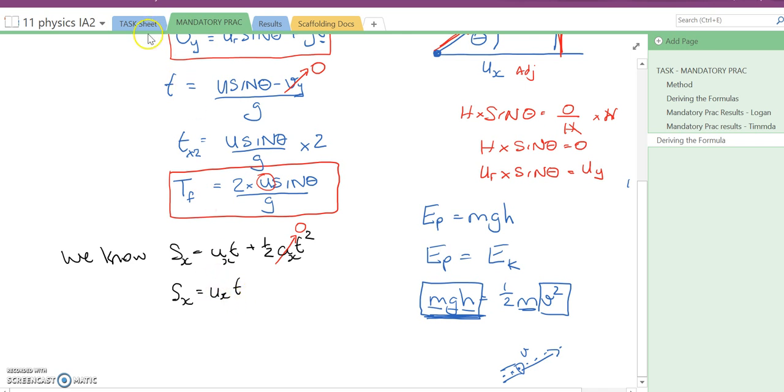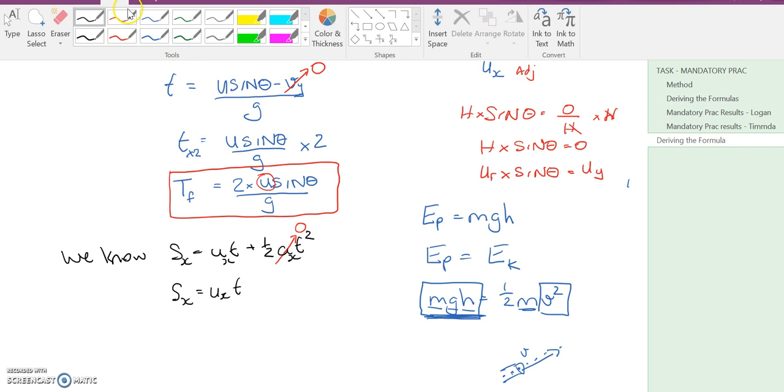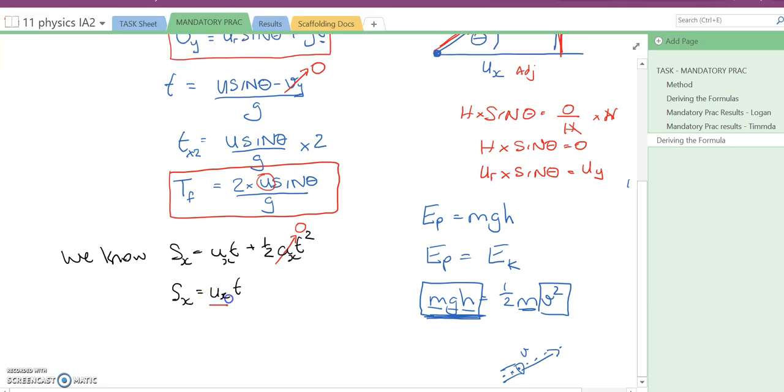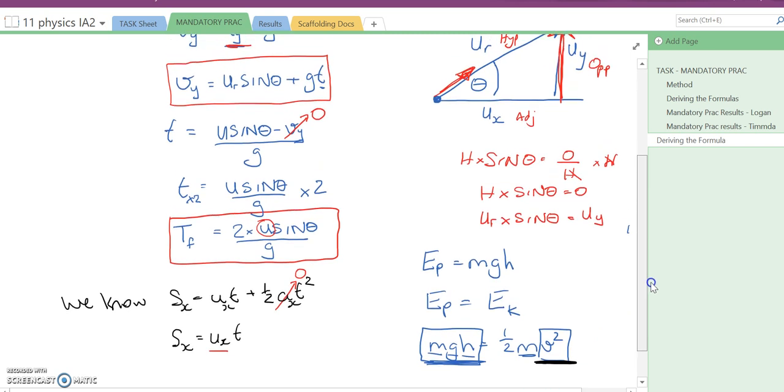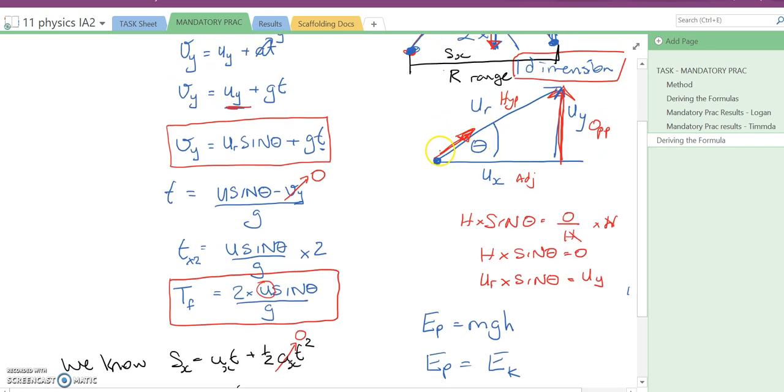We also know here that ux, we can go and calculate the u in the x direction if we've got the initial velocity. And we said over here we can calculate the initial velocity, given the gravitational potential energy and kinetic energy. So if we know that initial velocity in this direction here, then we can calculate ux, the component of u in the x direction.